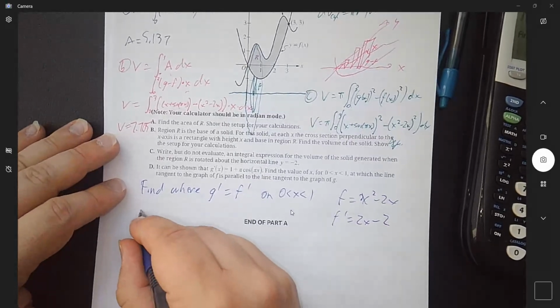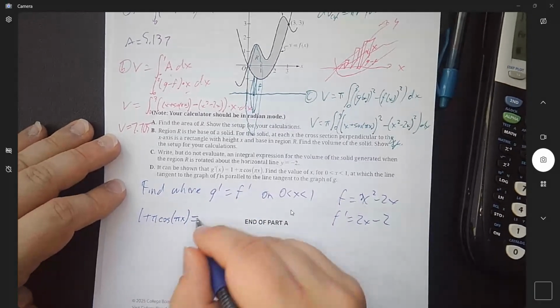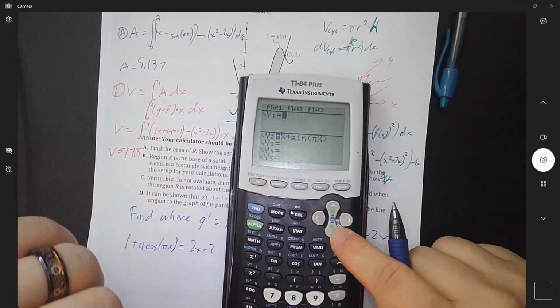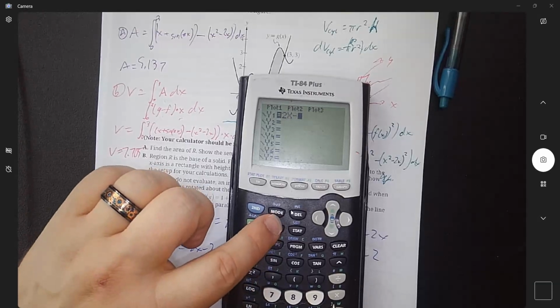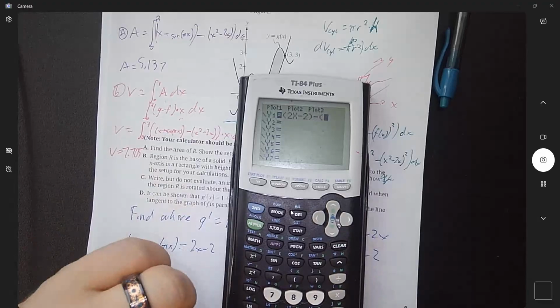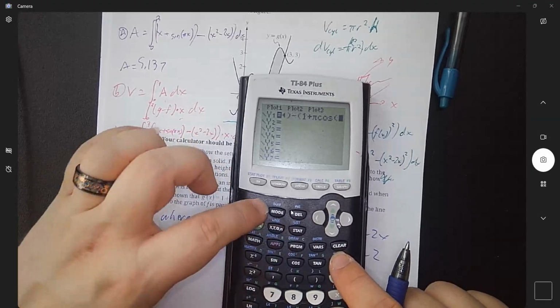So we're going to find where 1 plus pi cosine pi x is equal to 2x minus 2. Let's subtract those two functions and find where they're equal to 0. So 2x minus 2, in parentheses, minus 1 plus pi cosine pi x.